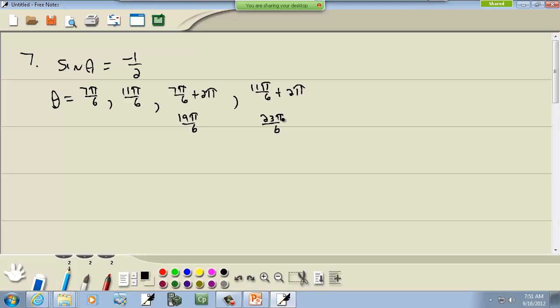I guess it is. 12, 19, 12, 13, 23. Yeah, okay. Then next one would be our first. This is first angle, second angle. So if you're wondering about a pattern, this is your first, this is your second, this is your first plus 2 pi, this one's your second plus 2 pi.